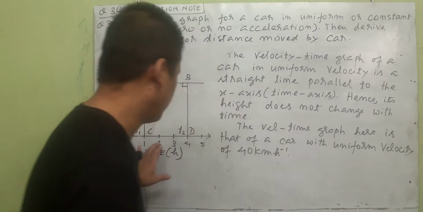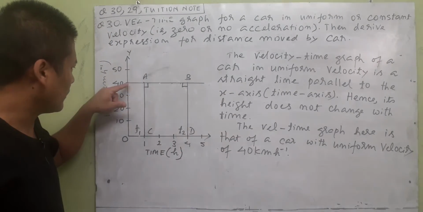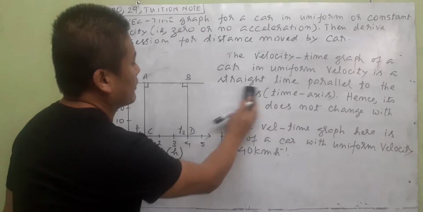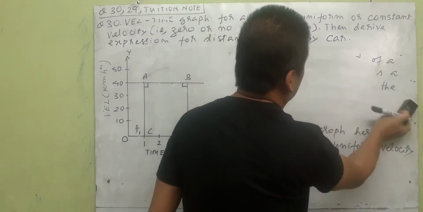I mean, this graph is the graph of a car moving with all the time 40 km/h. Okay, so now next we're going to find the distance traveled.